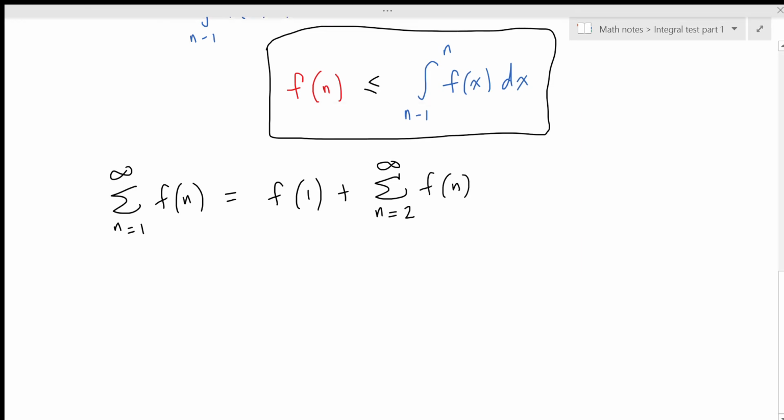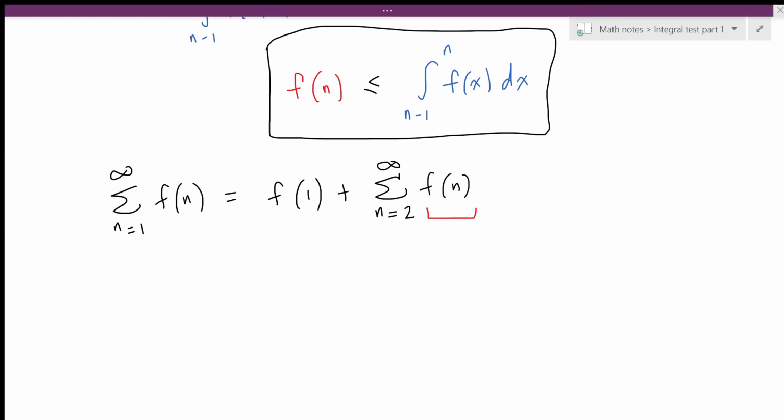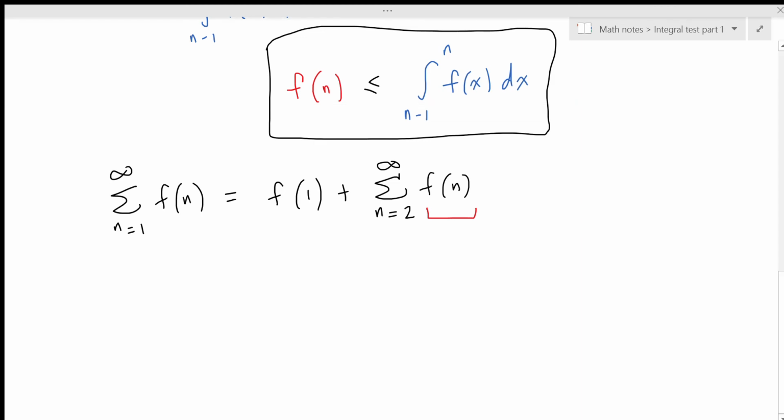Now, we're going to use our inequality on this f of n here. So we'll get that this is less than or equal to f of 1 plus the sum from n equals 2 to infinity of the integral from n minus 1 to n of f of x.